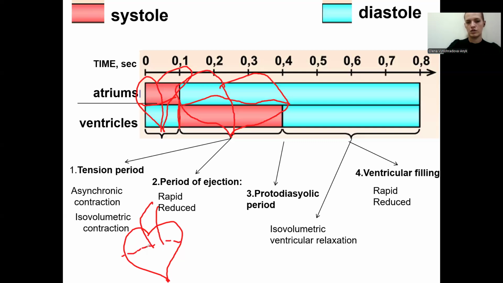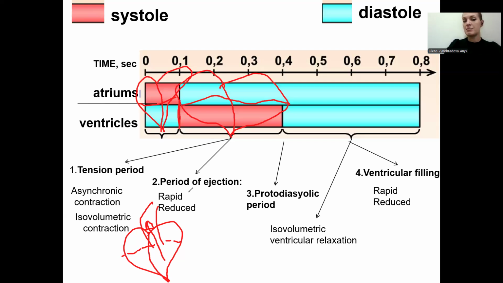Left, if we're talking about the left ventricle, pushes blood to the aorta. And this period is named ejection. How does it happen? The length of the muscles changes as they contract, and we have pushing of the blood to the vessels.